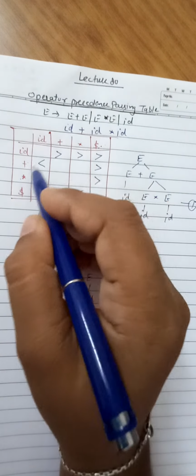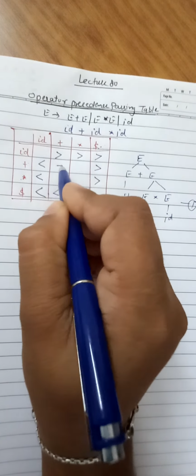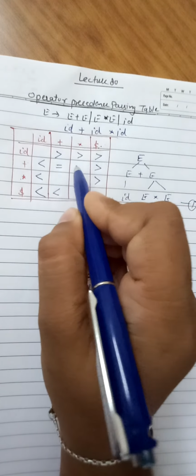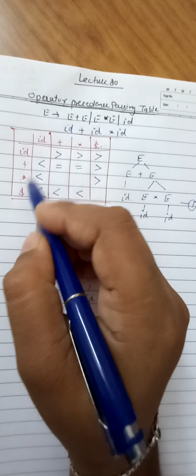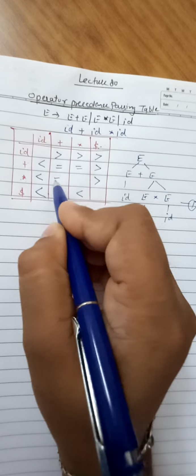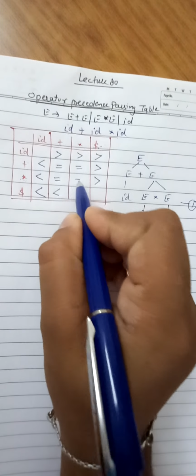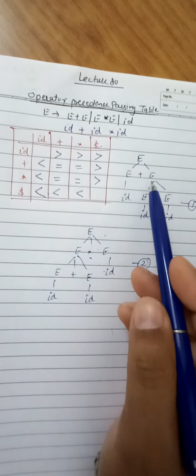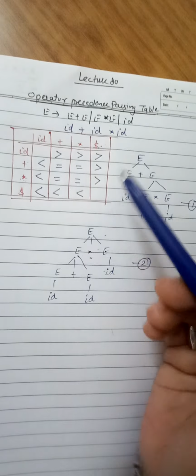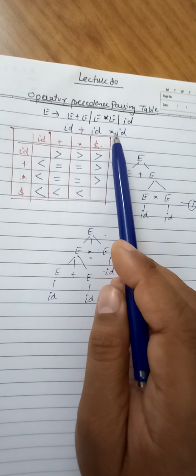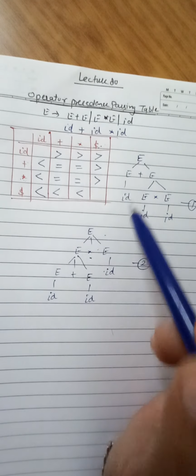So it means plus and plus are equal, plus and star, or multiplication, are equal, star and plus are equal, and star, or we can say multiplication, and multiplication are equal. In all the cases these are equal because we are getting the same string with both trees.